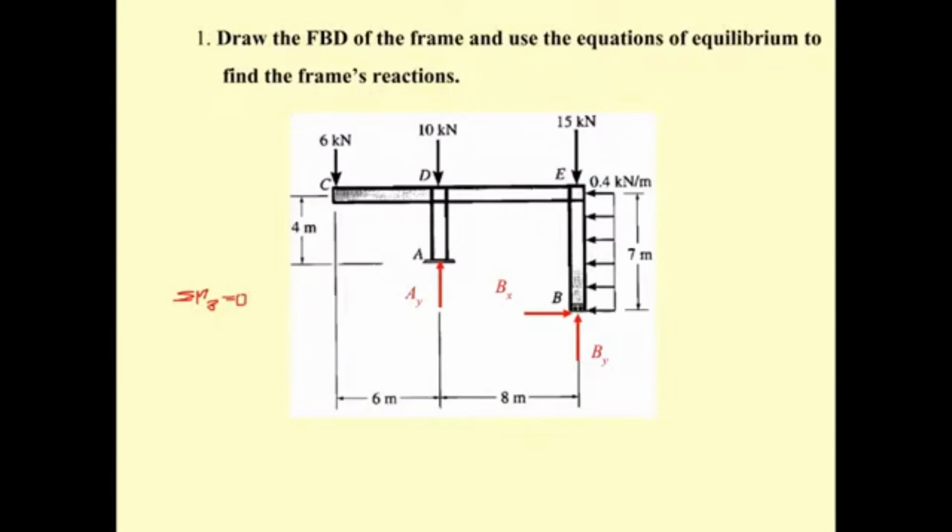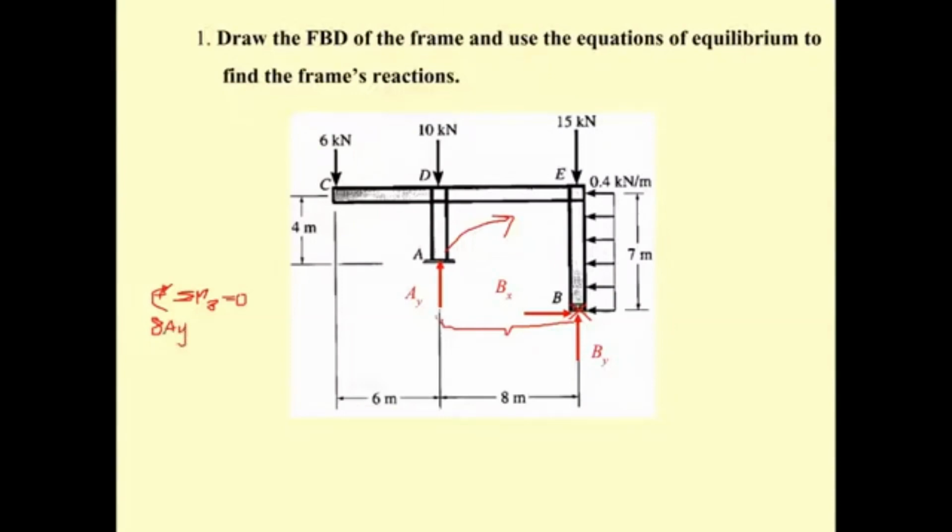What we have is we take moment here. So the A sub y has the line of action here. The distance from here to here is going to be 8 meters. And A sub y is going to rotate clockwise. So rotating clockwise is set to be positive, and it's going to be 8 times A sub y. Okay, that is unknown.